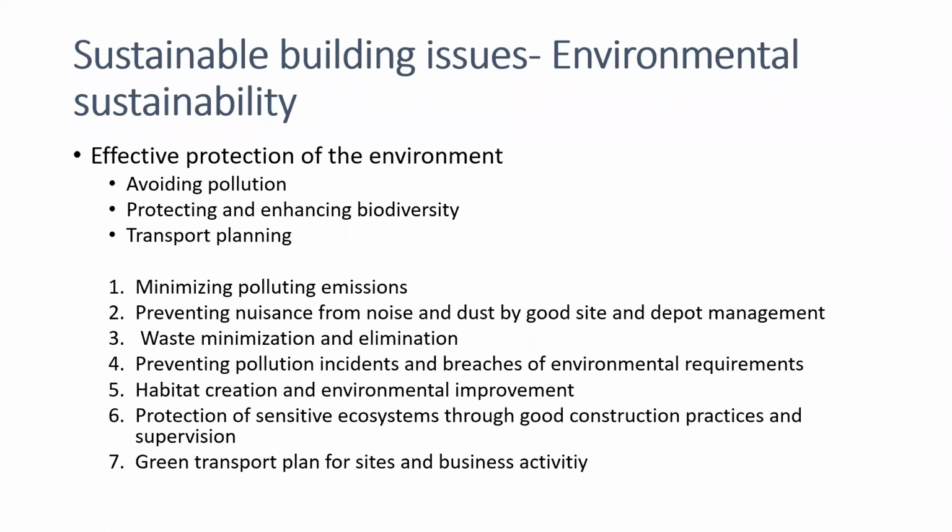In order to do that, we should minimize the emissions of pollution gases, and prevent nuisance from noise and dust by good site and depot management. Waste minimization and elimination is another aspect of environmental sustainability, as is preventing pollution incidents and breaches of environmental requirements.